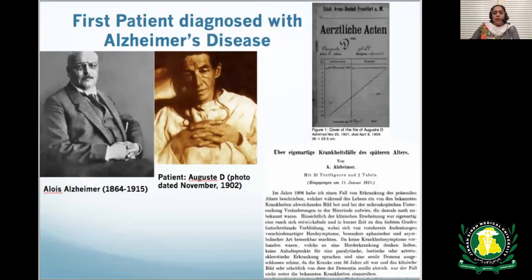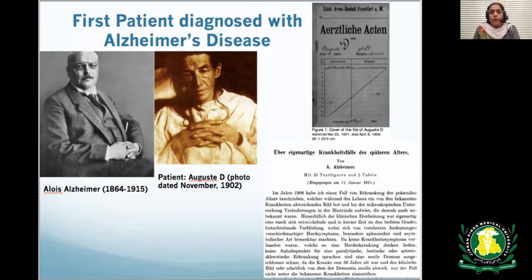So this is the history of dementia. Alois Alzheimer was the first psychiatrist in Germany who described the patient in nursing home. The name of the patient was Auguste Deter, and she was 51 years of age in this picture, and he was closely following her behavior symptoms and the short-term memory problems.